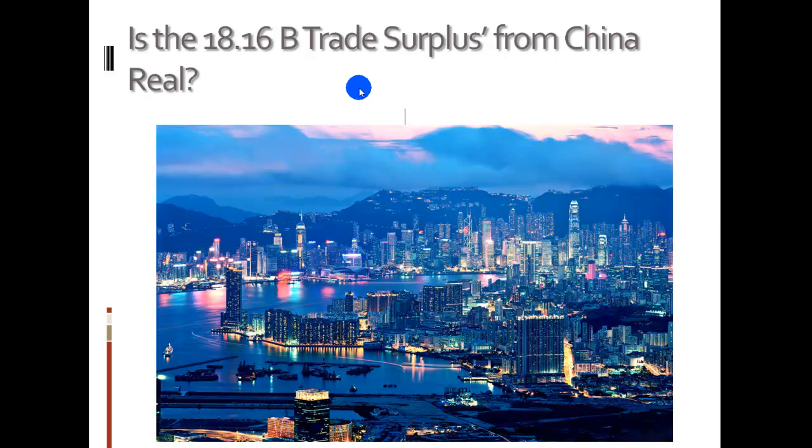First of all, let me try and explain to you what a trade surplus is and what a capital surplus is. They're very confusing for a person who does not understand economics, so let me try my best. Basically, if China sells goods and services to the rest of the world like it does, it will have a trade surplus.